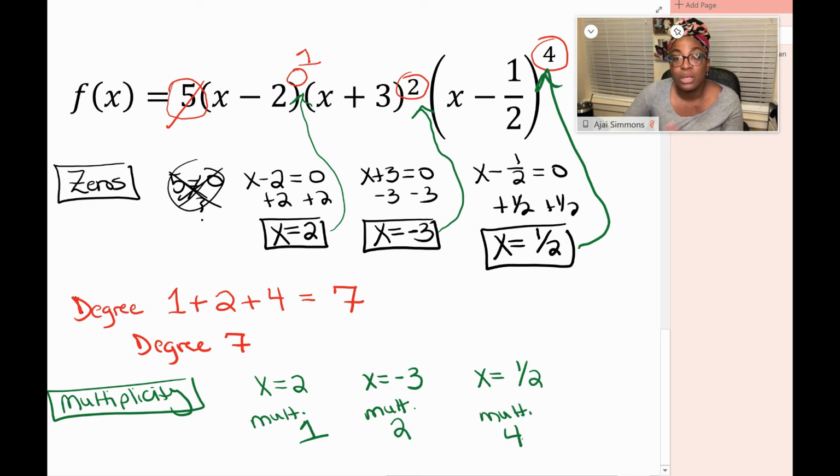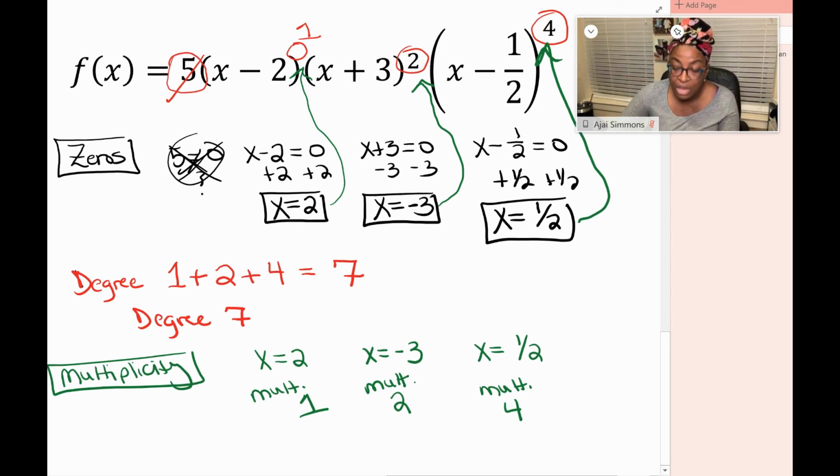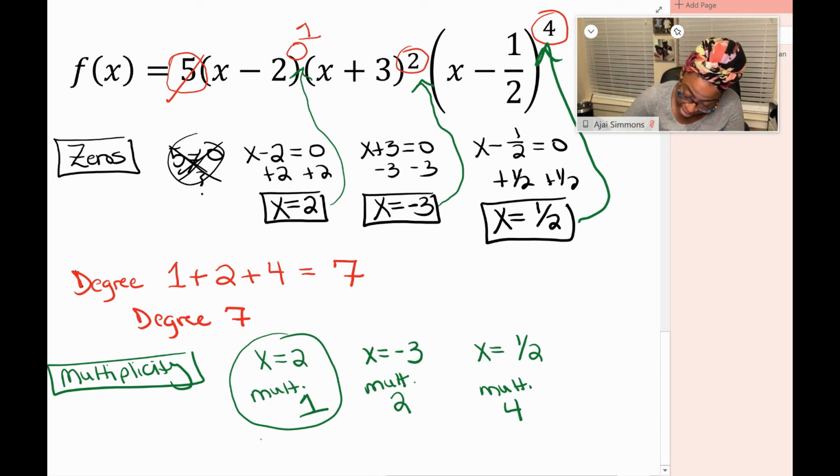Okay? So let's make a prediction about what we would see if we were to graph this, right? Since this multiplicity is 1, and 1 is an odd number, that means that when you look at the graph, it's going to go through. Okay, because it's an odd number.